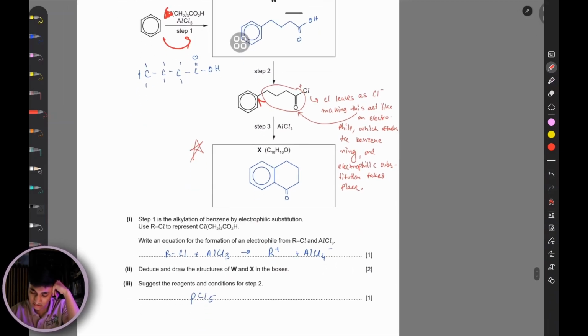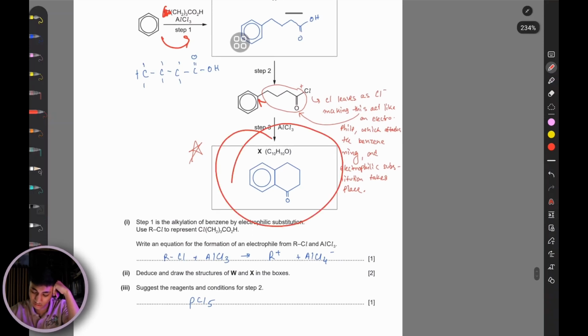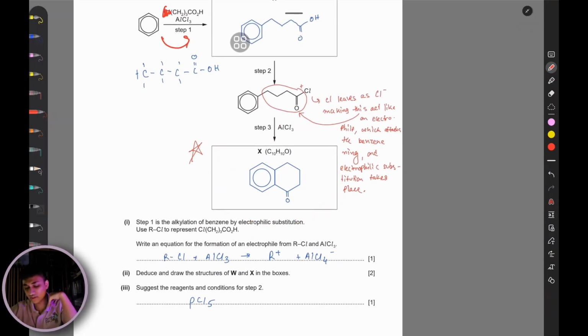Great. Now, the tricky part is this one, where again AlCl3 is used. Now, this is your clue. Why is AlCl3 used? AlCl3 acts as a catalyst, where it takes the Cl atom, forming the intermediate where electrophilic substitution takes place. Hence, what's going to happen is this chlorine will be lost to this catalyst.